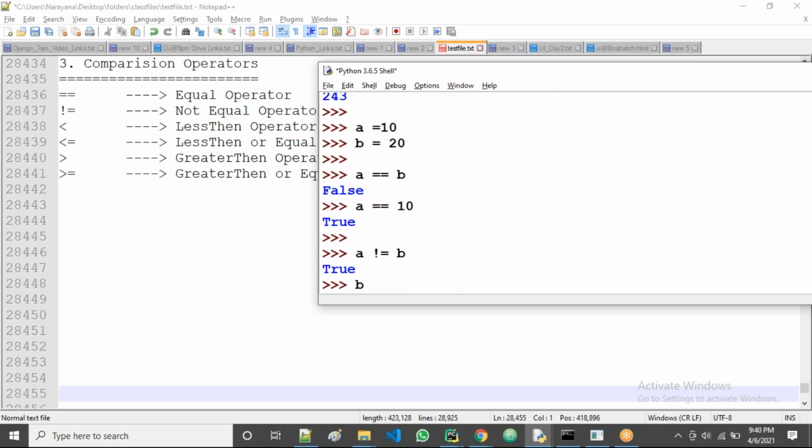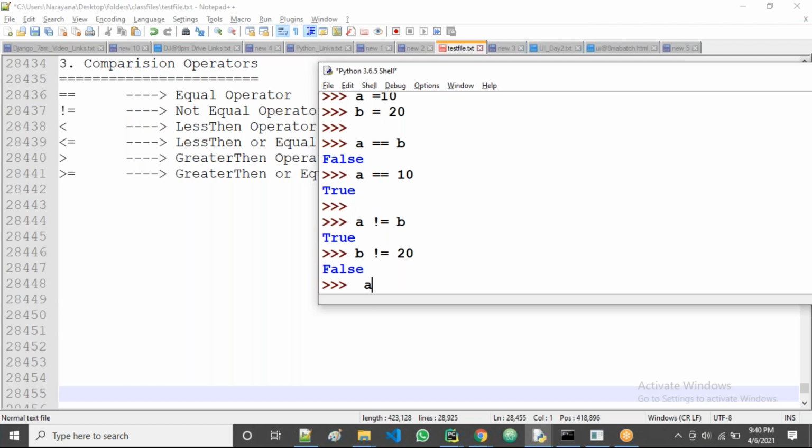I am taking now b not equal to 20. B not equal to 20. True or false? False.